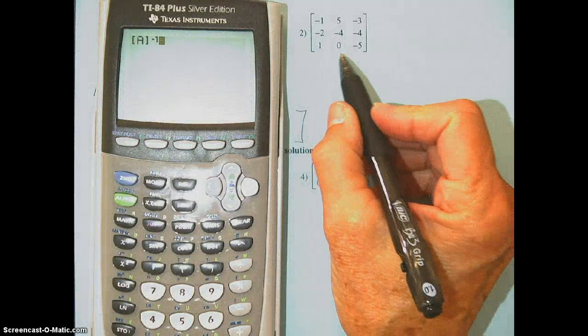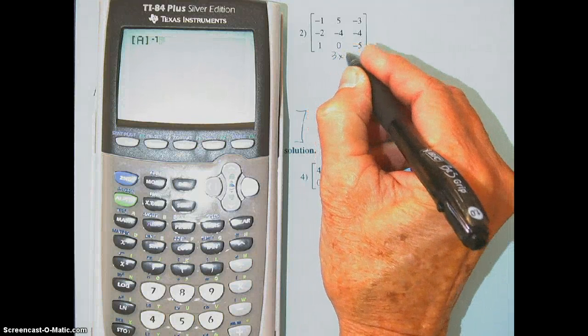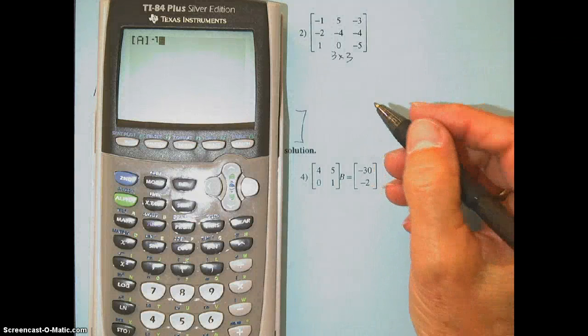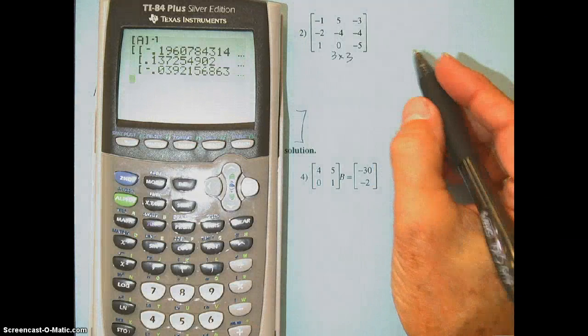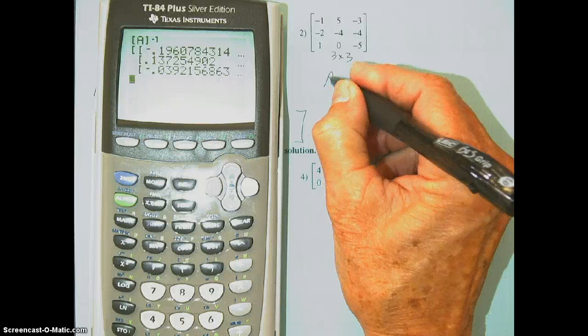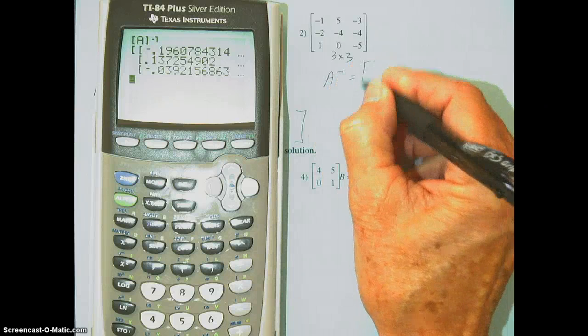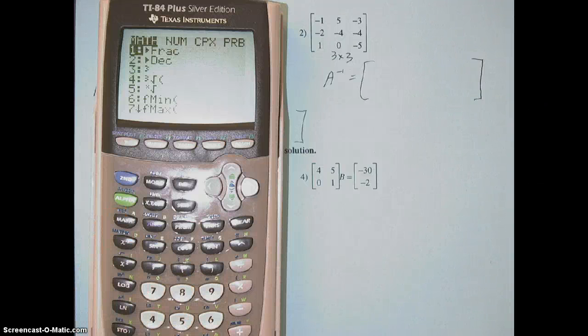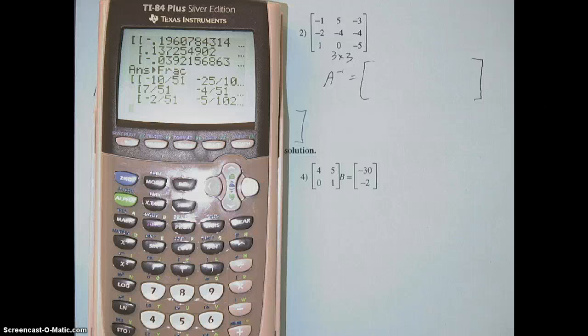After you've put this 3 by 3 into matrix A, find the inverse of A. Again, the numbers are usually a little weird for the inverse. If you have decimals, I don't want you to record the decimals. I want you to change them to fractions and record those fractions.